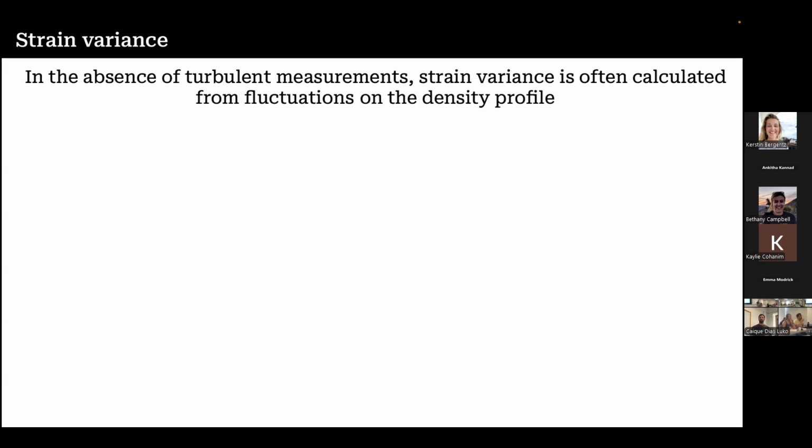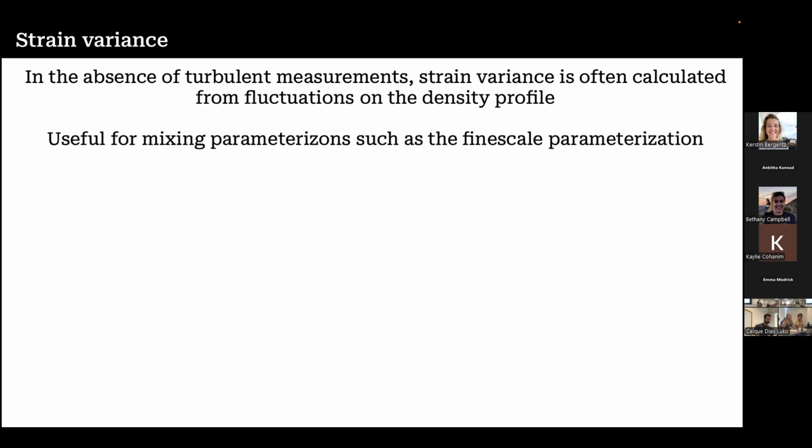sometimes you go to the ocean, you don't have direct turbulence measurements, but you can get density profiles. In the absence of turbulence measurements, you can use those fluctuations in the density profile to estimate turbulence through parameterizations. A very famous one is the finescale parameterization. Jen is going to tell us about this next week, and then Kita too. Next week, no, week 3.